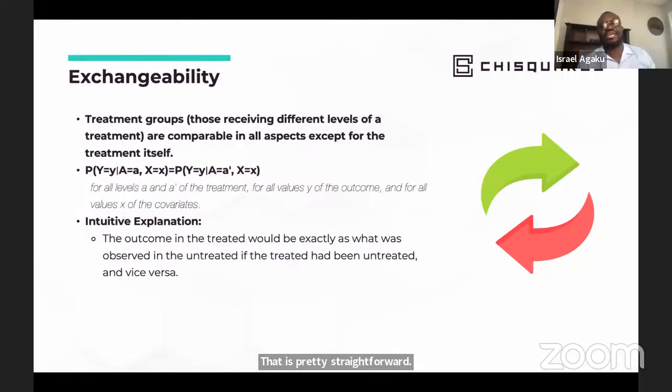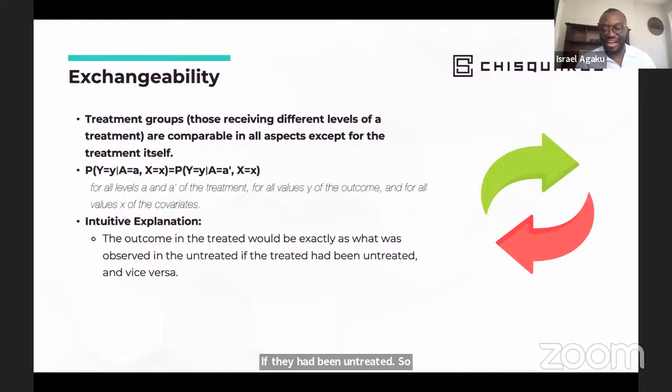Exchangeability is saying that the treated and the untreated are exchangeable. Another way of saying that is the outcomes in the treated would have been like those in the untreated if they had been untreated.